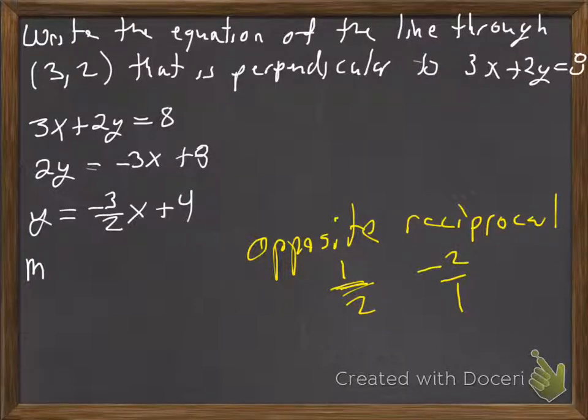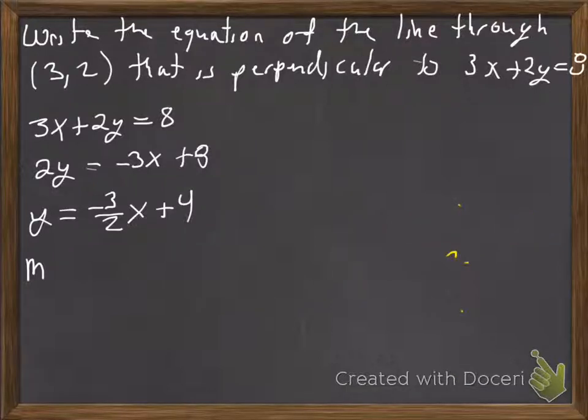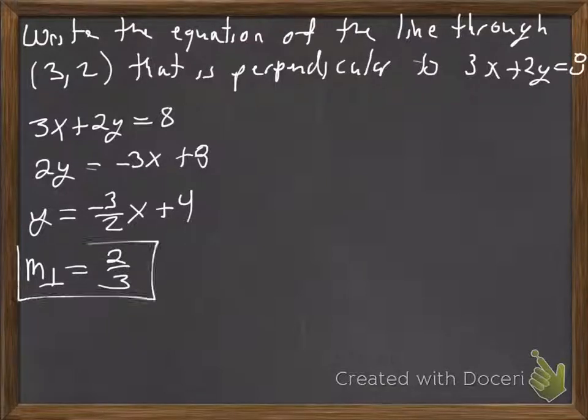In this case, we have negative 3/2, so the opposite reciprocal would be 2/3, and it changes from negative to positive. For the perpendicular slope, I'm going to use m with a little upside down t to indicate perpendicular. It's going to be positive 2/3.